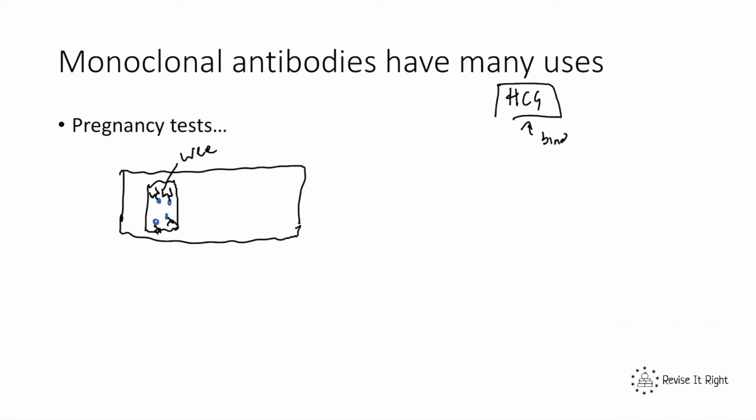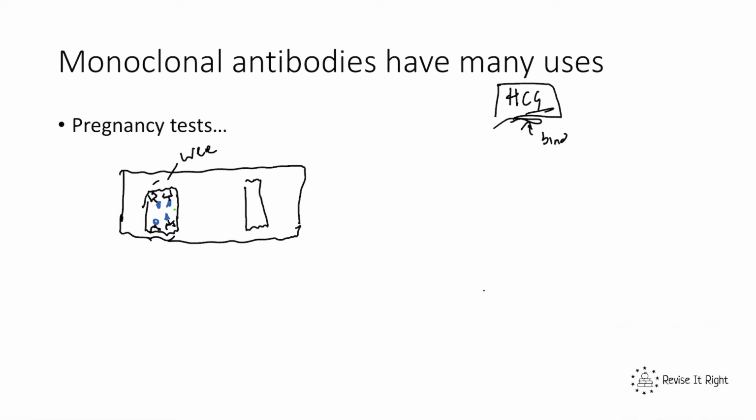Okay, so in this part where the woman wees on, you have the blue beads which act as a dye, and you'll see why that's important in a second, and attached to that are the monoclonal antibodies that this HCG will bind to.